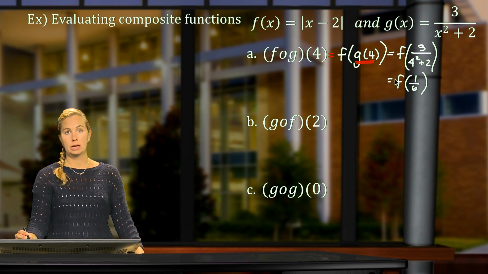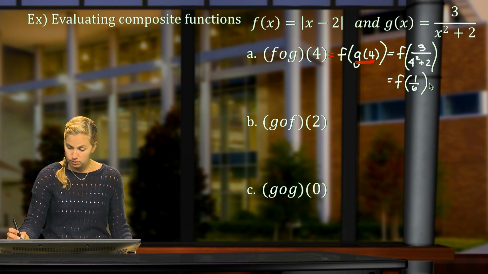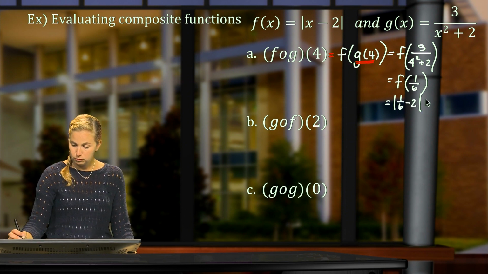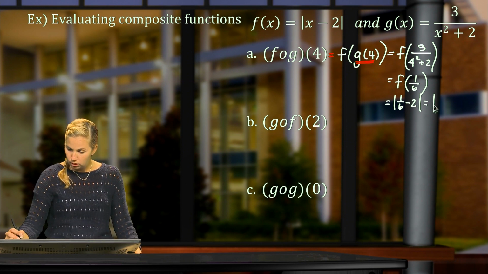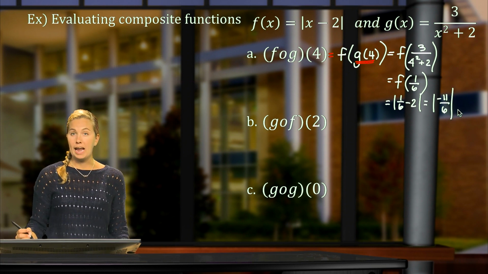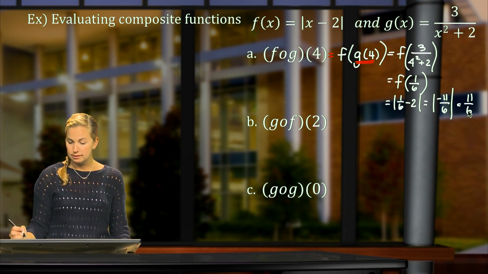And now we're substituting 1 over 6 into our function f, which is the absolute value of 1 over 6 minus 2. 1 over 6 minus 2 is going to be negative 11 over 6. And in absolute value, this becomes positive 11 over 6.